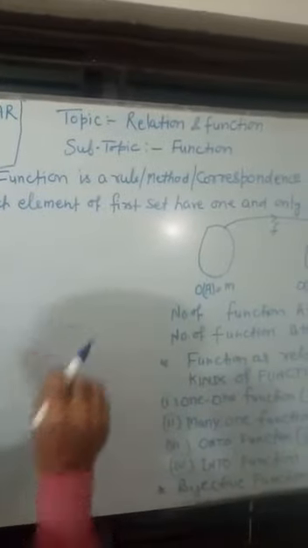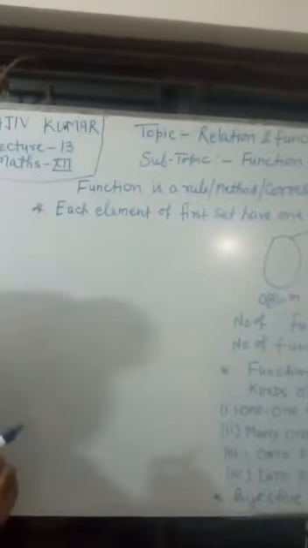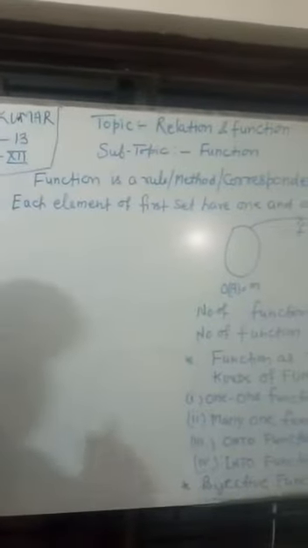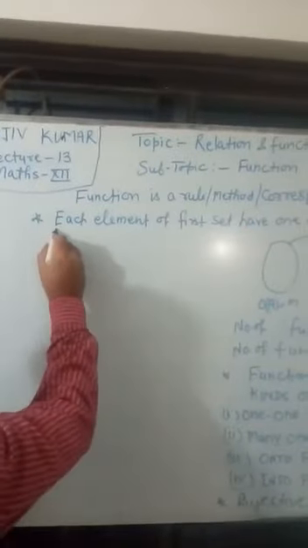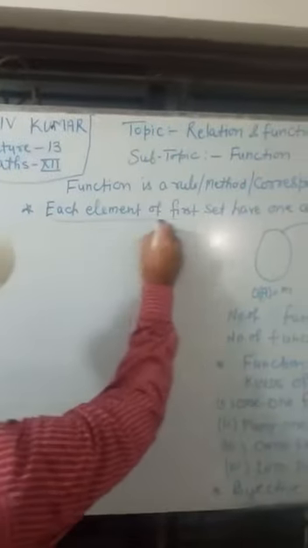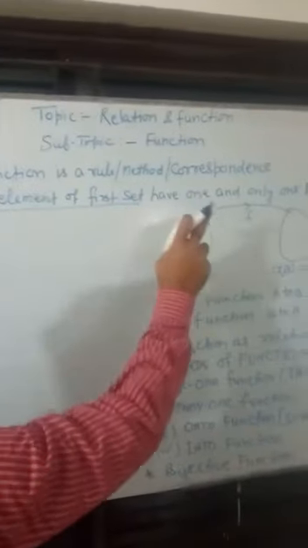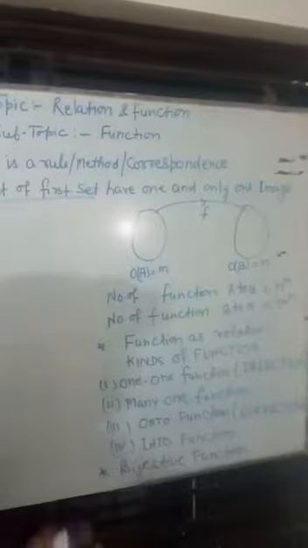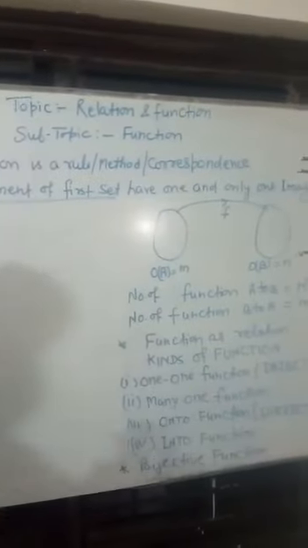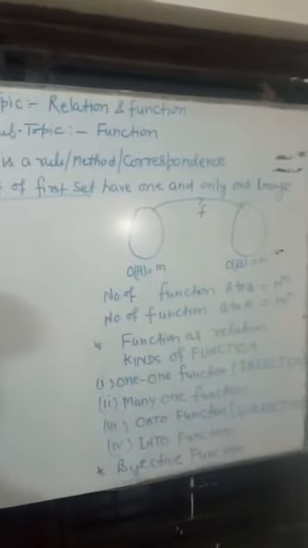But there is a difference between relation and function. Each element of the first set has one and only one image, but that is not necessary in relations.